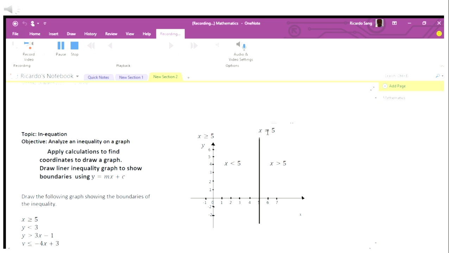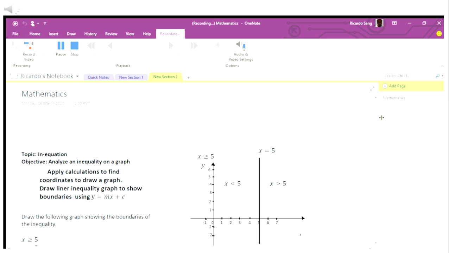And x equal to any number is a line parallel to the y-axis. So it could be x equal to 1, then it would be a line parallel to the y-axis at 1, or x equal to 7 is a line parallel to the y-axis, cutting the x-axis at 7. Okay, so this is the line.